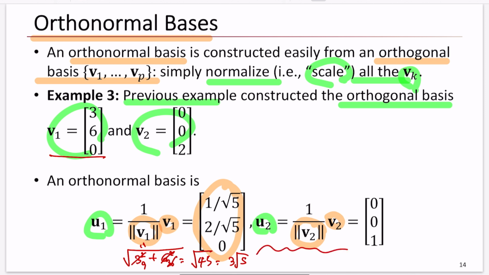Similarly, x2 is going to be 0, 0, 1. That's the orthonormal basis. It means that given any subspace W and any basis, we can easily derive an orthogonal basis by using the Gram-Schmidt process, and we can easily find the orthonormal basis by just normalizing each vector independently like this.